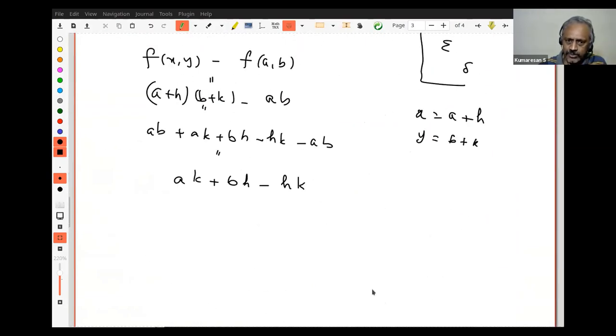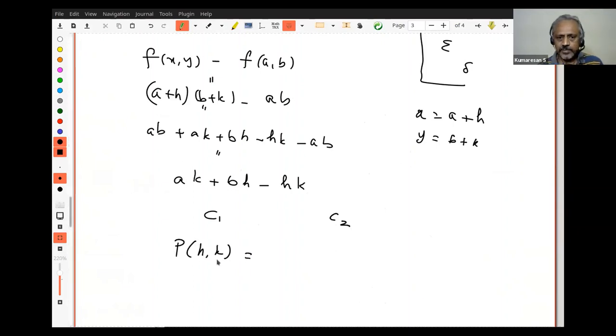I want one student to come up with an answer. What should be my C1? What should be my C2? What should be the polynomial in h and k?